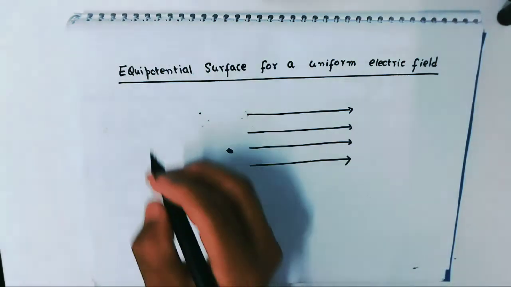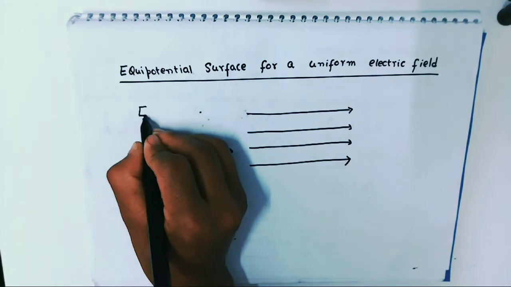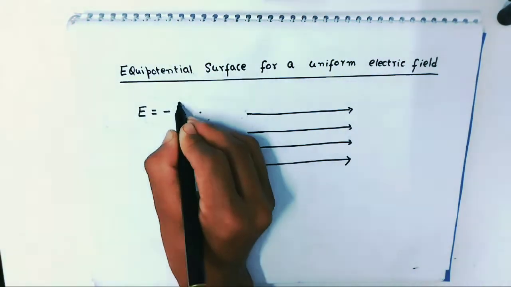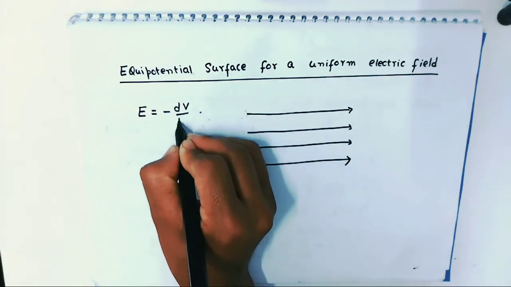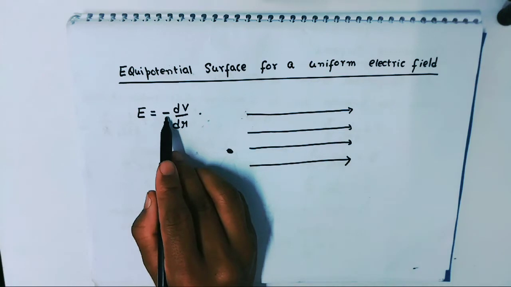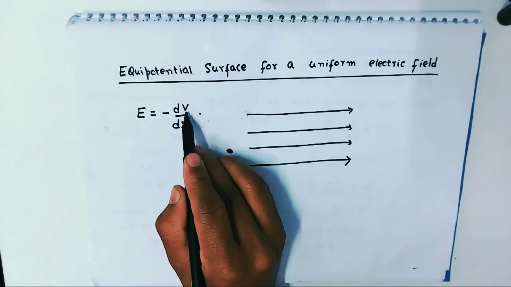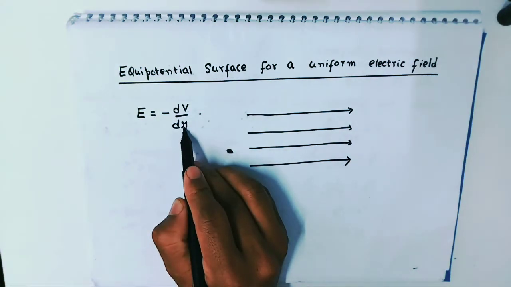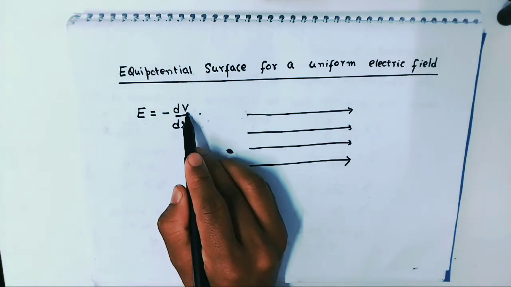As we have learned earlier, E is equal to minus dV by dr. This negative sign indicates that as r increases, V decreases.